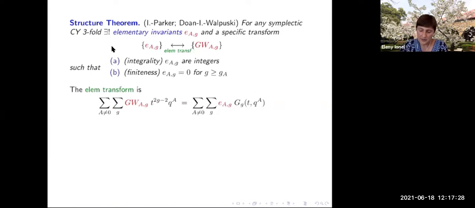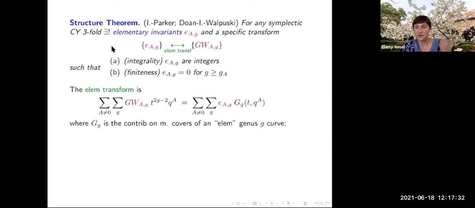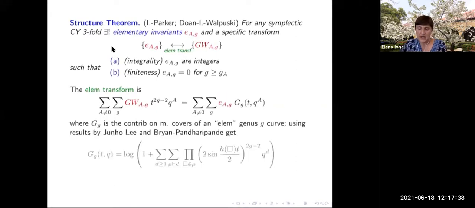The interpretation is actually that it's the contribution of multiple covers of what we called an elementary genus g curve. And not only that, this can be specifically calculated. In fact, this elementary genus g curve and its local model can be constructed using work by Junho Lee. And the contribution of its multiple covers to the Gromov-Witten invariants can be calculated using work of Bryan and Pandharipande. And you get a formula that kind of looks like that.